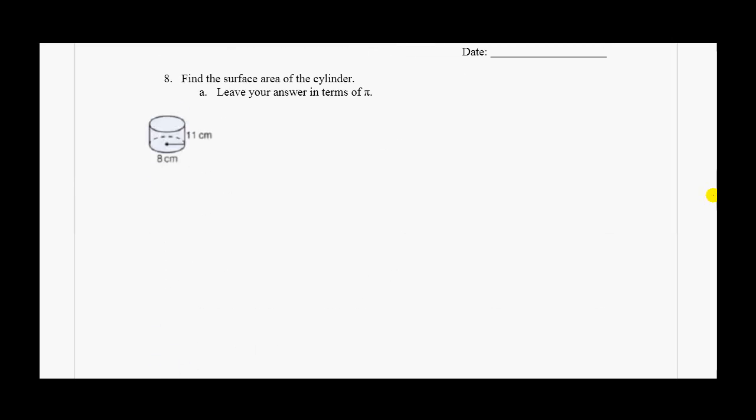Find the surface area of the cylinder. Leave your answer in terms of pi. We see in our diagram that the radius of the circle is 8 centimeters. The height is 11 centimeters.